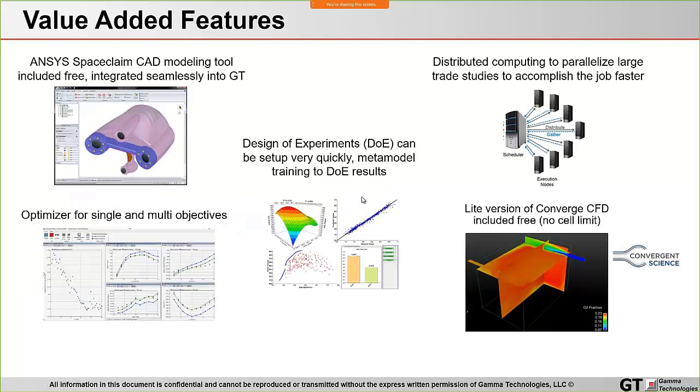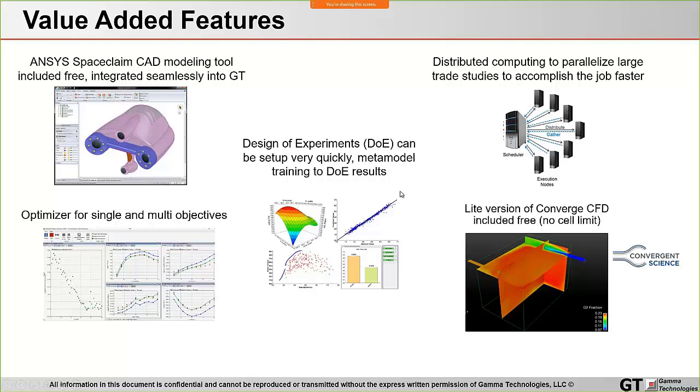Now, GT Suite also comes with some extra value-added features, and I've spoken about a few of these already. With every license of GT comes a license of ANSYS SpaceClaim for CAD building, but also included for free is the light version of Converge 3D CFD integrated directly into GT.